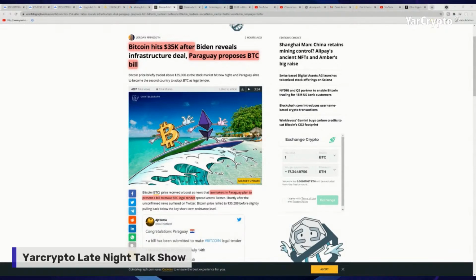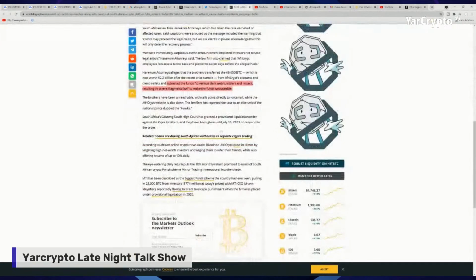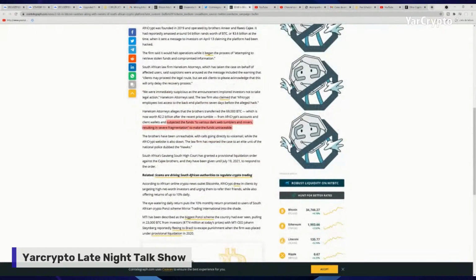You're right, Alemi. But answering your other question as well about how did they actually do it? The article says here that they subjected the funds to various dark web tumblers and mixers, and it resulted in severe fragmentation, and they did that to make the funds untraceable.